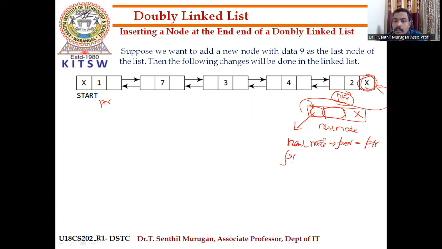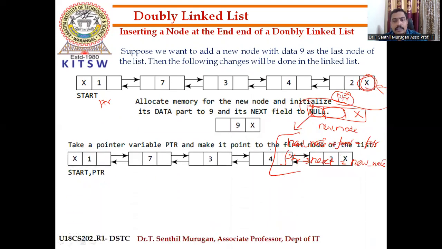PTR of next portion is equal to new node, because at last we have added the new node. So we created the node, we are allocating the new node address, and this PTR will be assigned to the new node. So these two lines of code will be used to attach the new node at the last position.